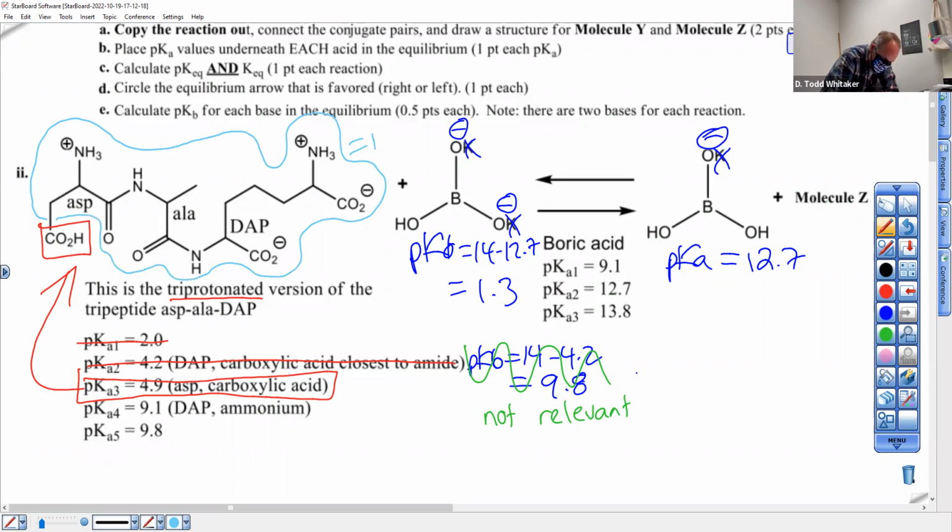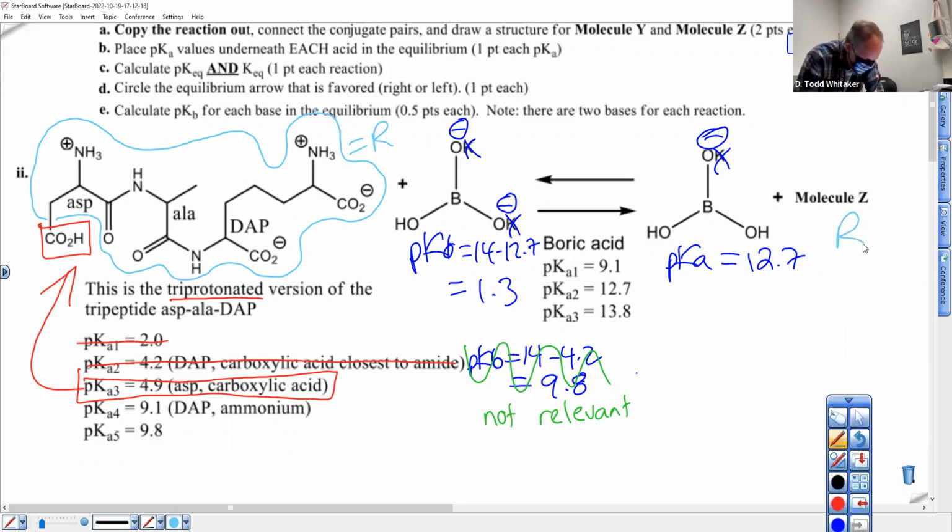Okay, I'm going to do this on the test. You're going to do it too. CO2. What happened to CO2 when it lost a proton? The red CO2 lost a proton. What did it become? Not CO2. Minus. If you write R CO2 minus and you haven't circled anything over here, you're going to get 0 out of 2.